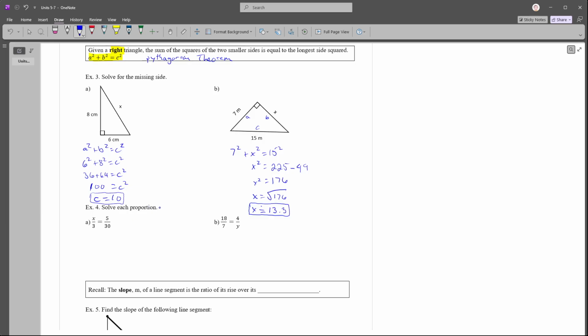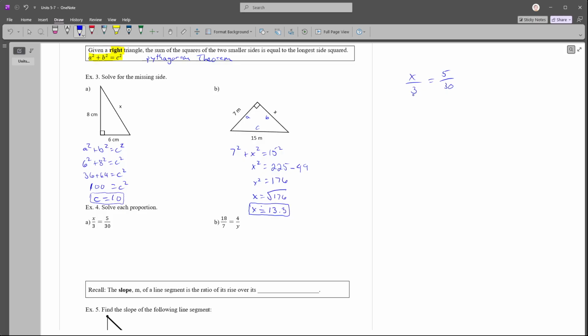Okay, we still need more knowledge. We need to know how to work with fractions. We are going to be dealing a lot with fractions this unit, way more than you like, but that's the way it is. When you're given an equivalent fraction like this, we can go through the long way. So imagine I have x over 3 is equal to 5 over 30. Now imagine I'm trying to isolate for x.